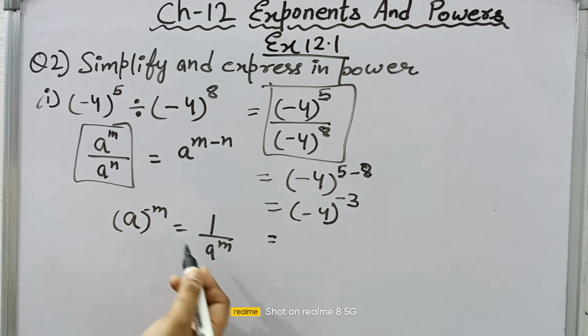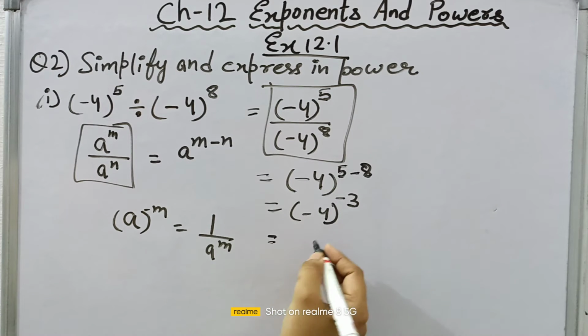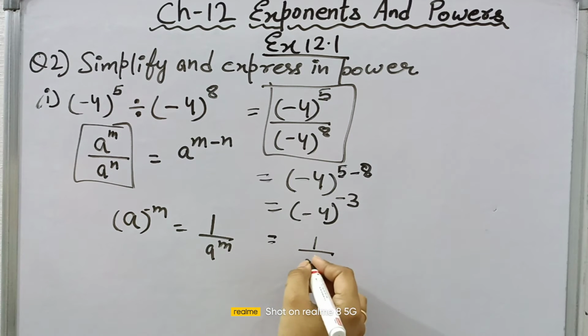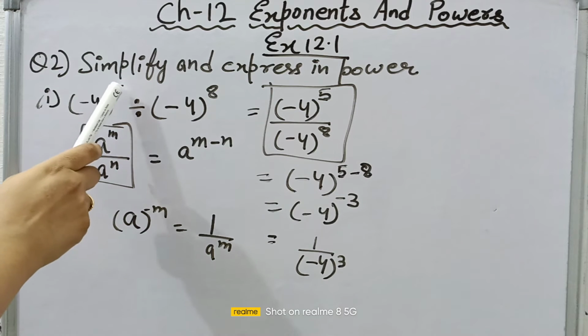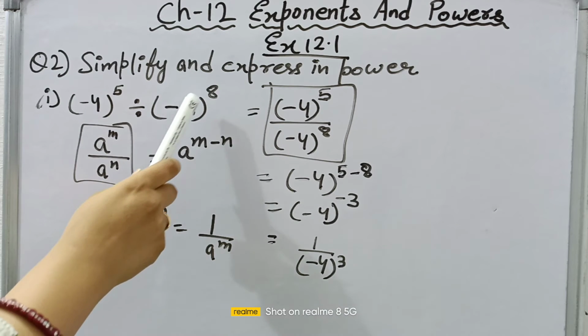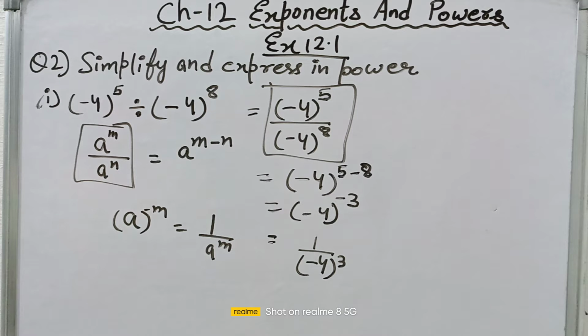So the same law we will apply here. We will write 1 upon minus 4 raised to the power 3. So this is our answer for expression minus 4 raised to the power 5 divided by minus 4 raised to the power 8.